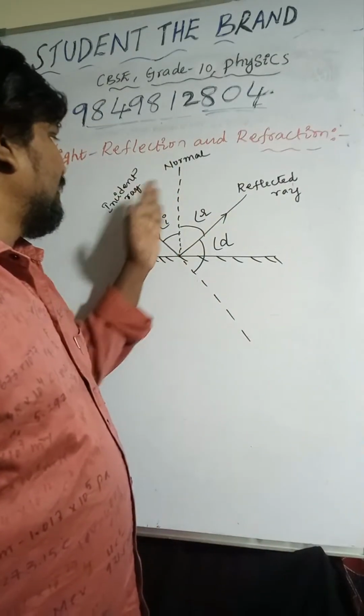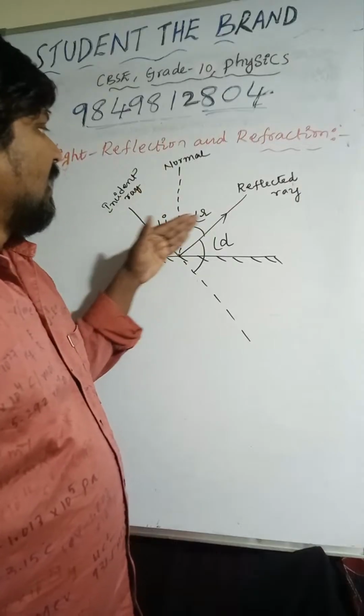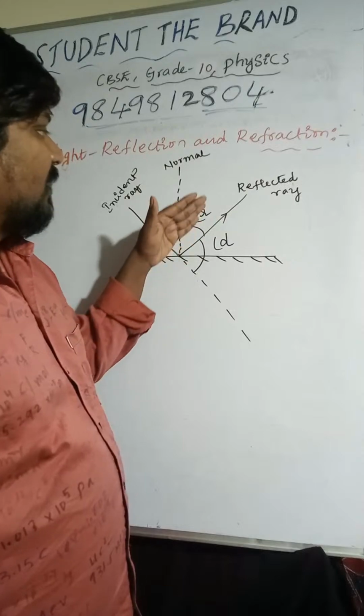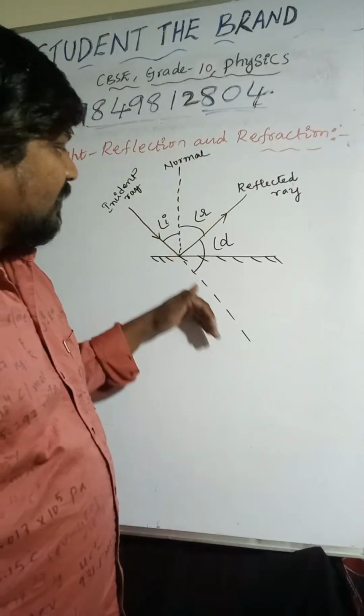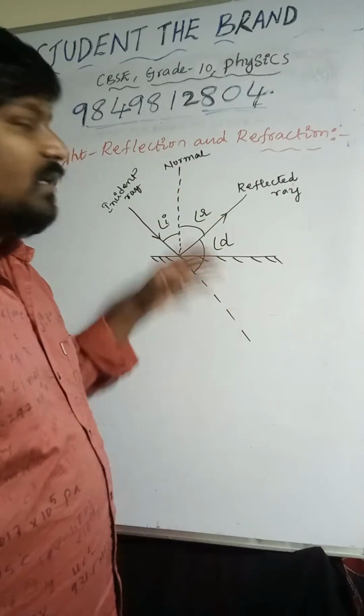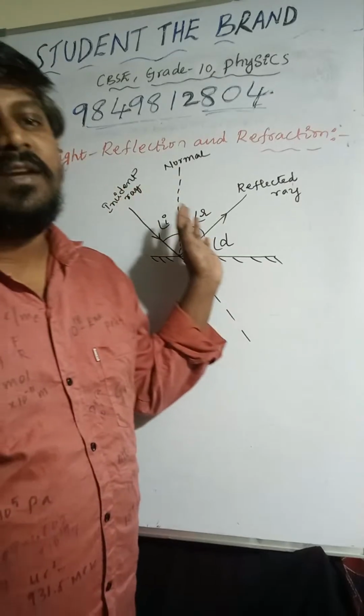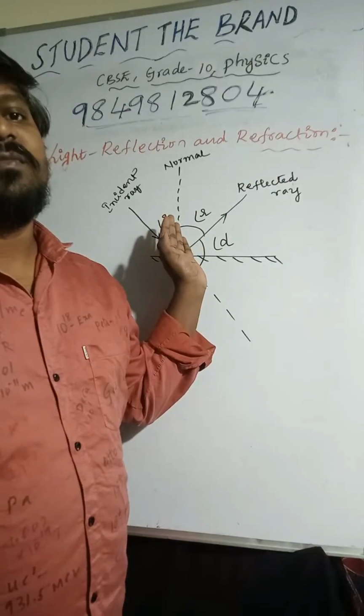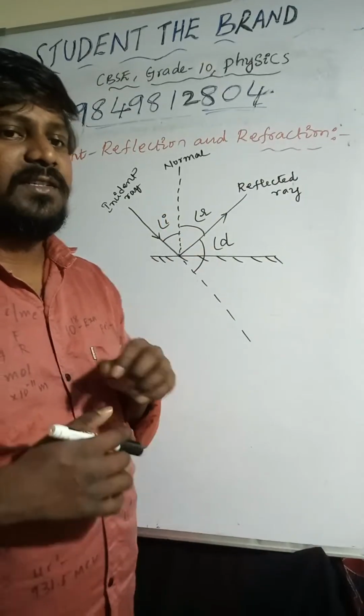Angle between incident ray and normal line is called angle of incidence. Angle between reflected ray and normal line is called angle of reflection. Angle between reflected and deviated line is called angle of deviation. The bouncing back of the light from the reflecting surface is called reflection of light.